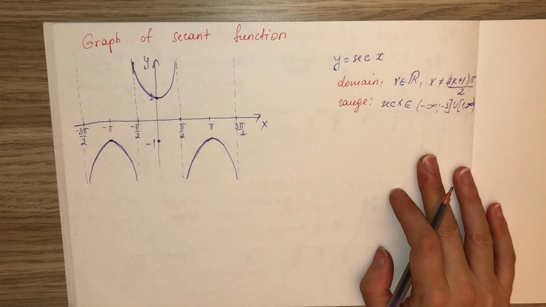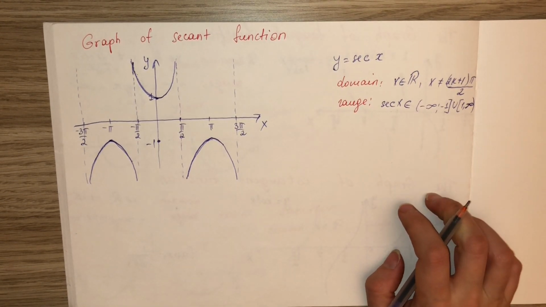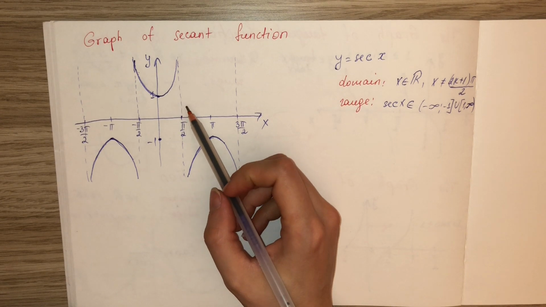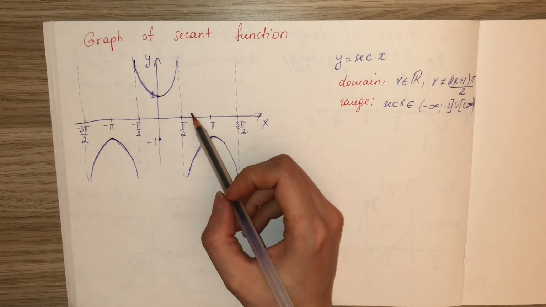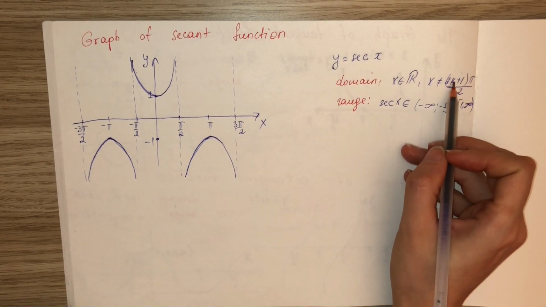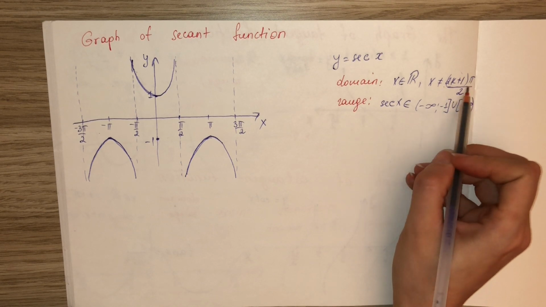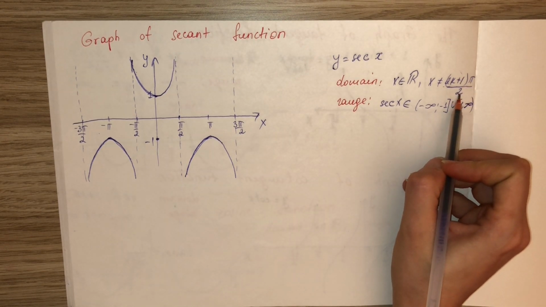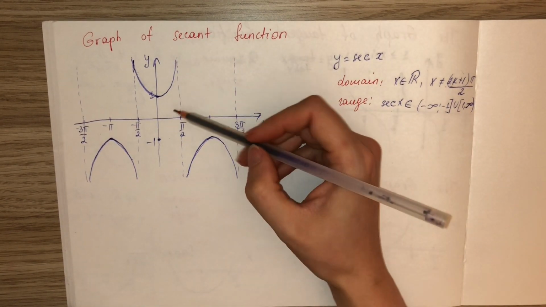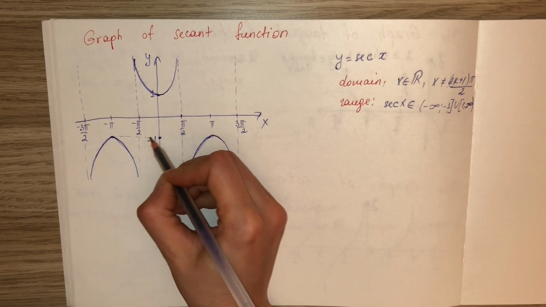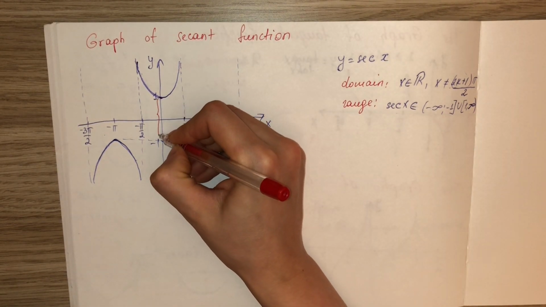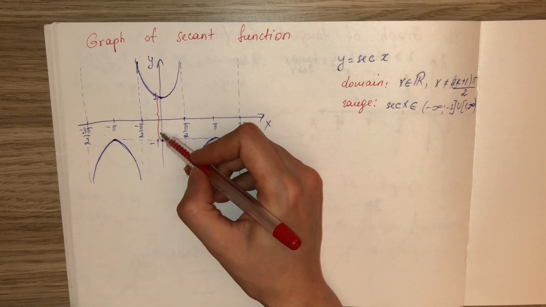Our next graph is the graph of the secant function. The domain of the secant function, as is clearly seen from the figure, is the real numbers different from (2k+1) times pi over 2. And the range of this function: you see this is -1 and 1. The range cannot get these points.